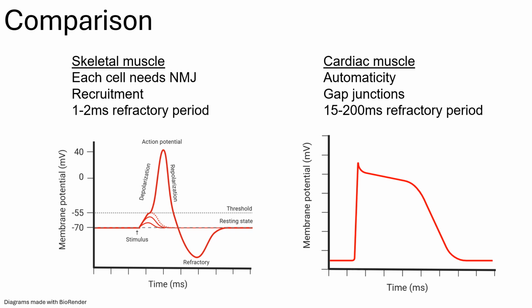Anyway, this difference is created by this plateau here in the action potential of cardiomyocytes. It's not like a normal action potential. The plateau extends the refractory period, and it makes one cardiomyocyte wait before it can contract again.